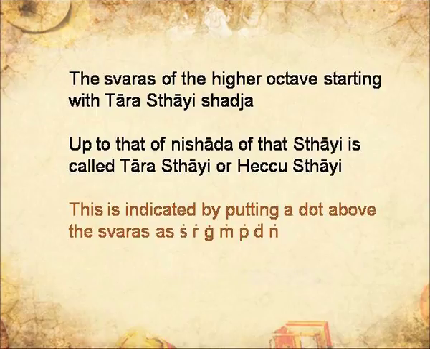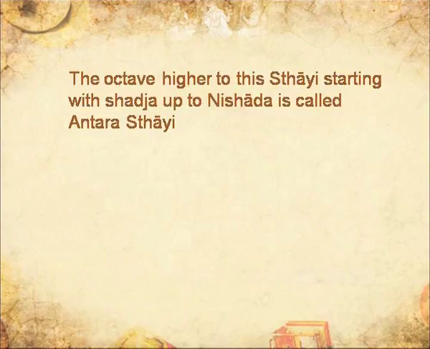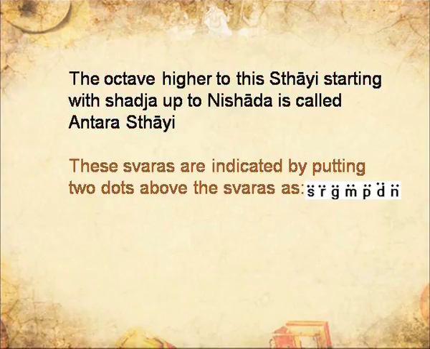This is indicated by putting a dot above the swaras as follows. The octave higher to this sthai, starting with shadja up to nishada, is called atitarasthai, and these swaras are indicated by putting 2 dots above the swaras, as in.